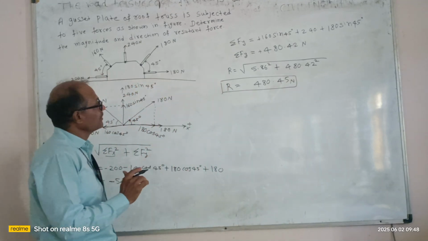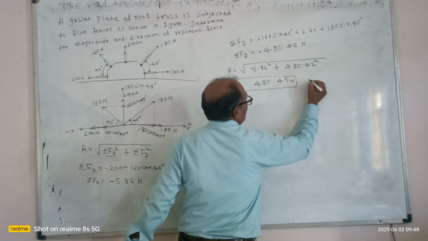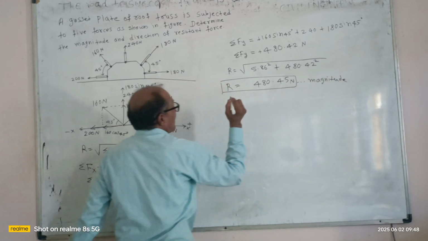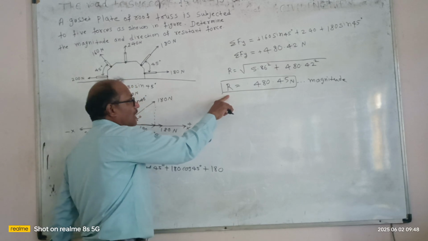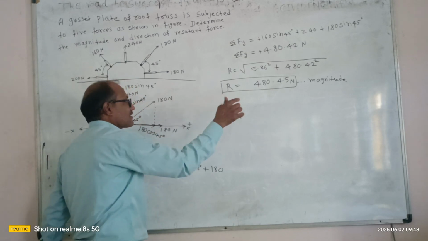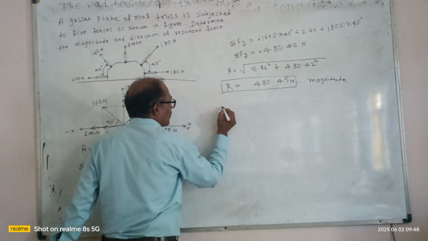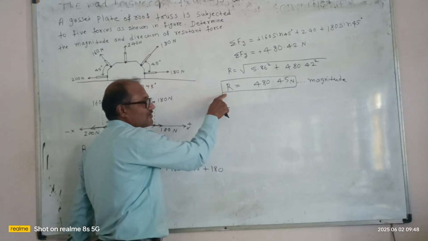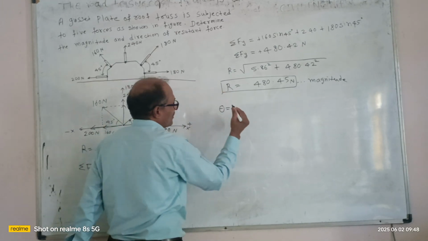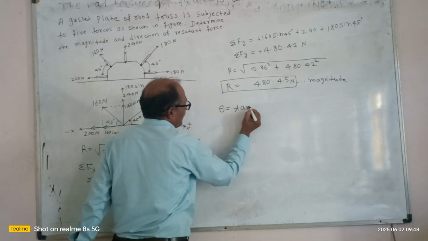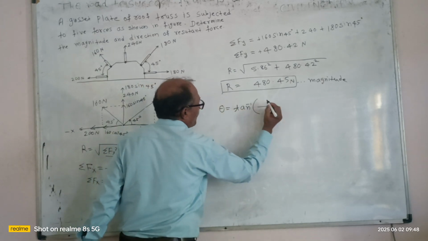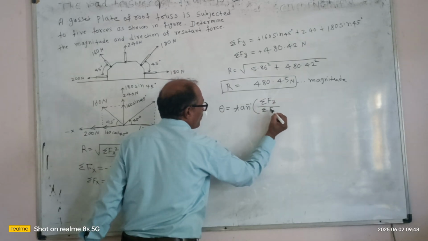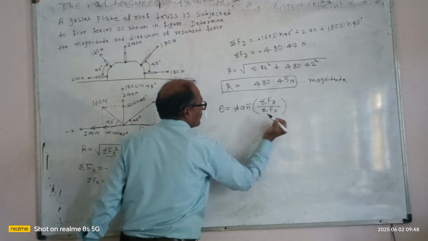And direction, that is the angle made by this resultant vector with respect to the x-axis, is given like this. Let theta be the angle made by this resultant with respect to the x-axis. So theta is tan inverse of summation of Fy over summation of Fx.